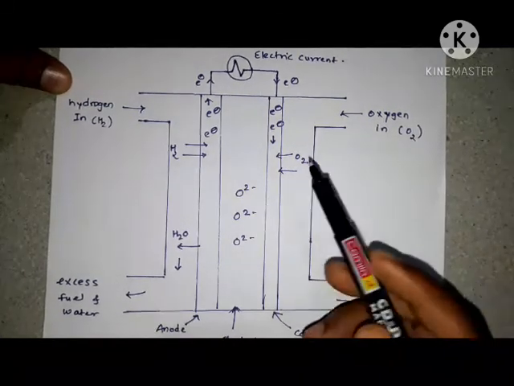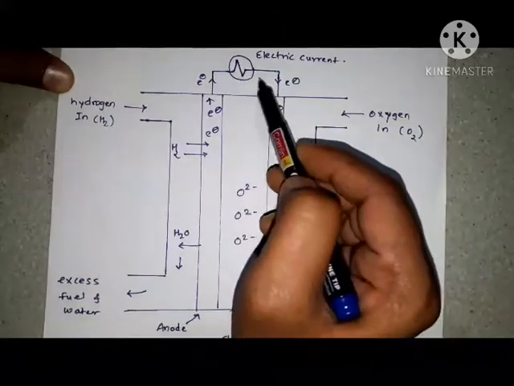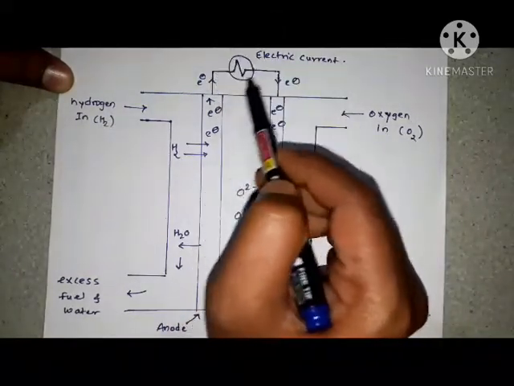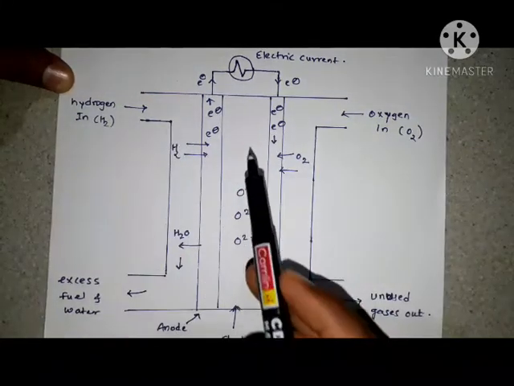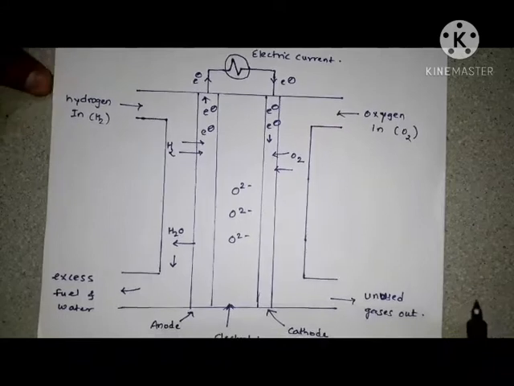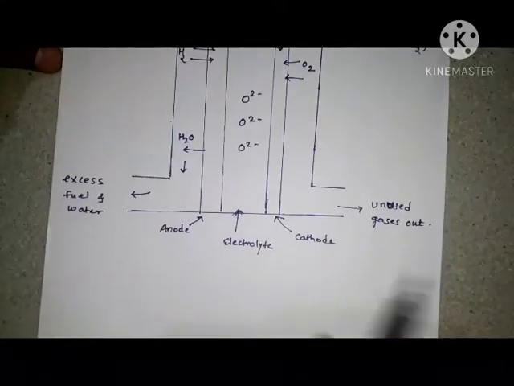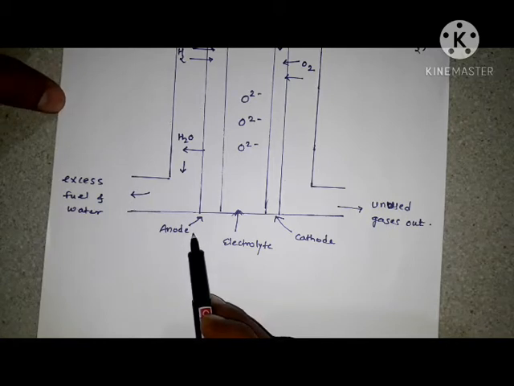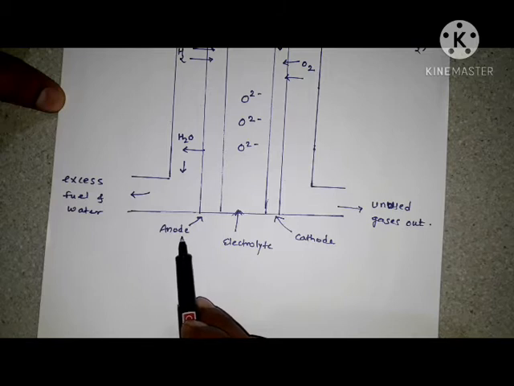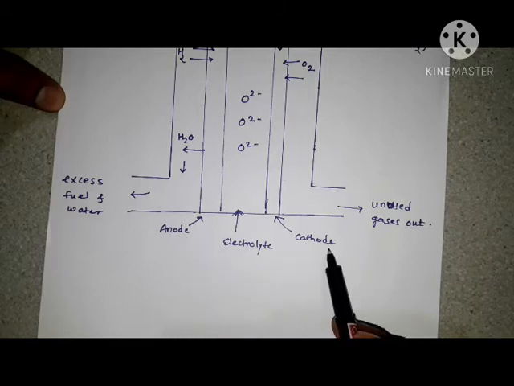Okay, then here an electric current, that is one battery, is provided to this cell setup. In this fuel cell there are two electrodes, one is anode and another one is cathode.